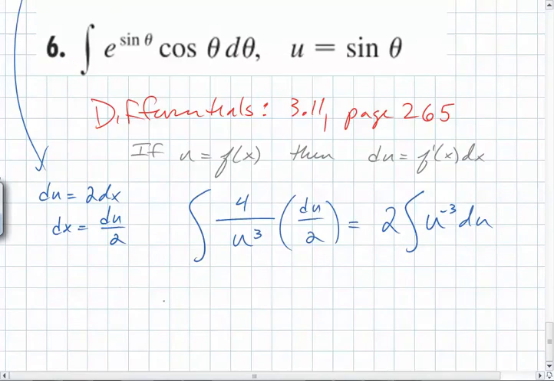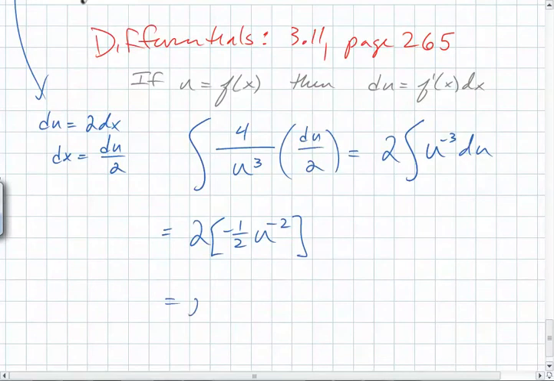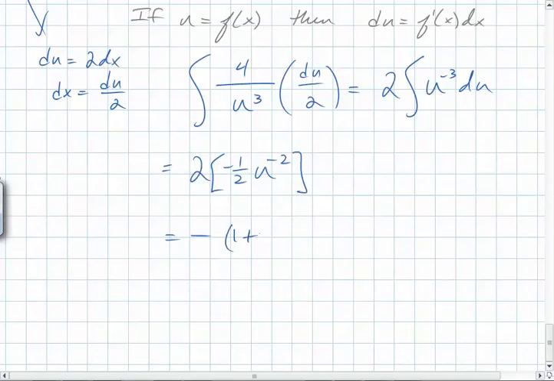Nice. So you end up with 2 times, what do you have to put out front? Negative 1/2 u to the negative 2. So what does that turn into? Negative, what was u equal to? 1 plus 2x. 1 plus 2x to the what power? Negative 2. There it is right there.